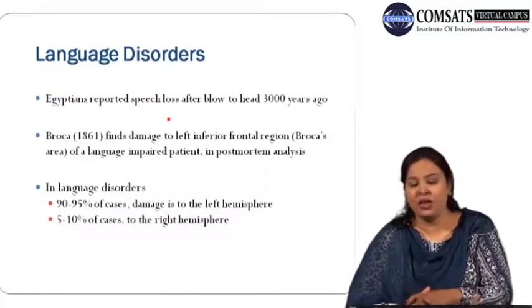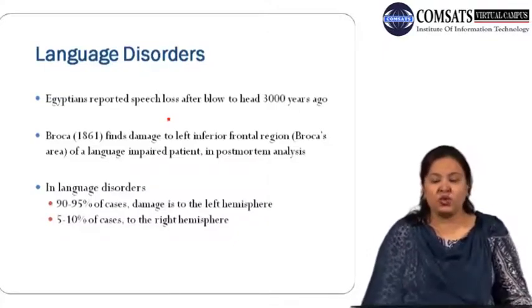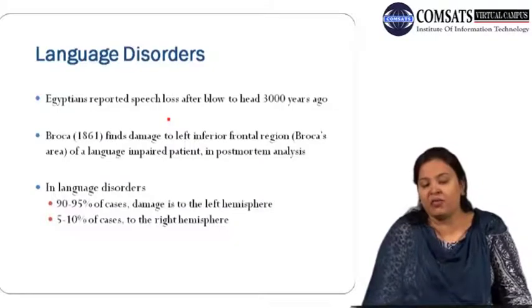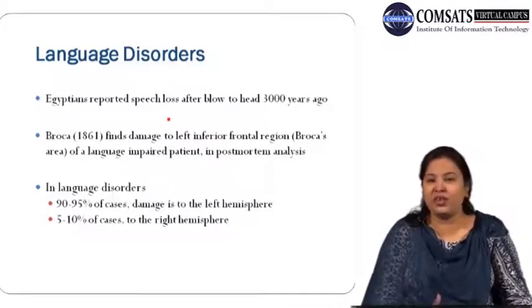But in 1861, Broca was the first person who found damage to the left inferior frontal region, named the Broca area, of a language impaired patient in post-mortem analysis.